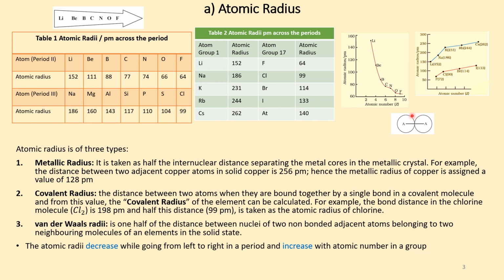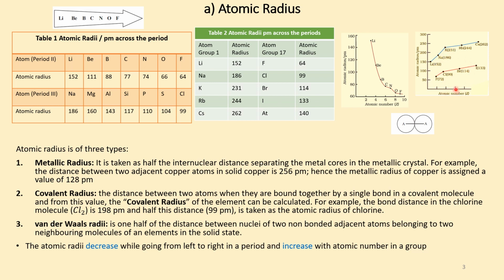Please see the graph. The first graph shows the variation of atomic radius with atomic number across the second period. The graph on the extreme right shows the variation of atomic radius with atomic number for alkali metals and halogens.